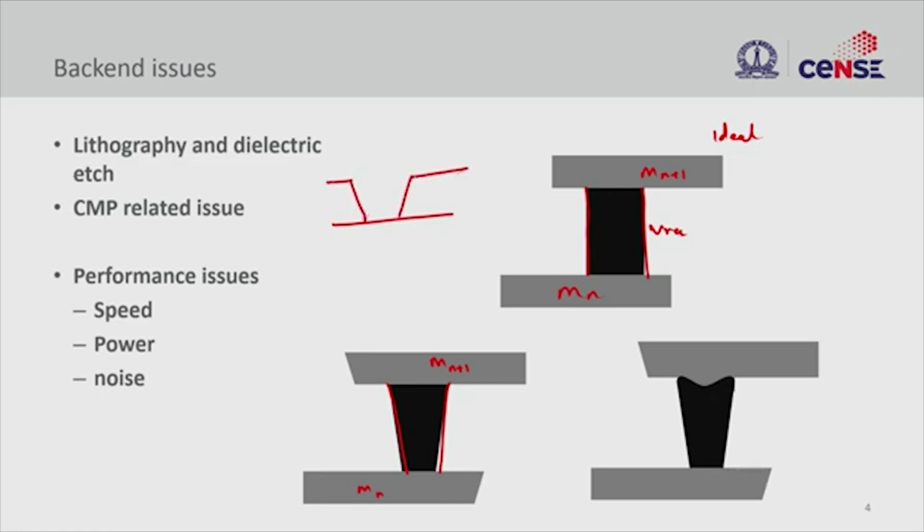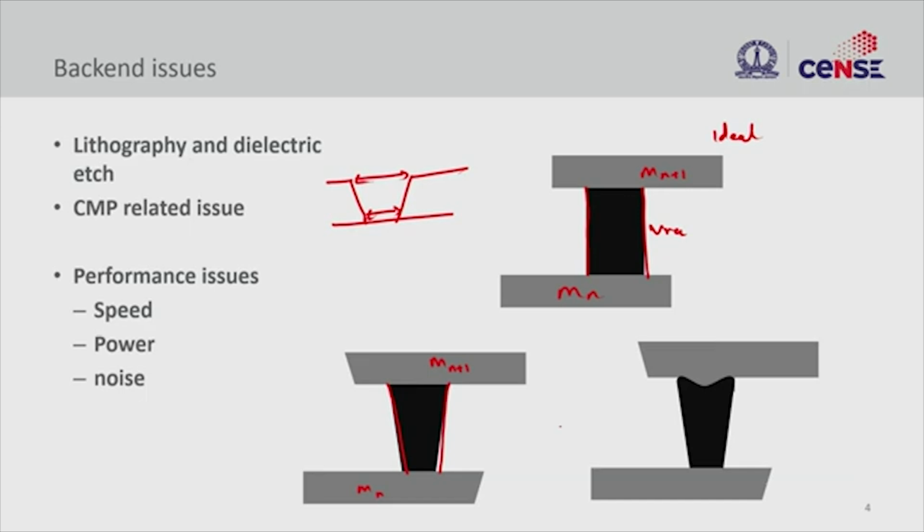So you will create these sorts of sidewalls, and this sidewall will give you a variation in width in your via. What is the effect of this? The effect is on the conductivity. Your resistance is going to be higher compared to what you actually perceived it to be. That is not the end of the story.